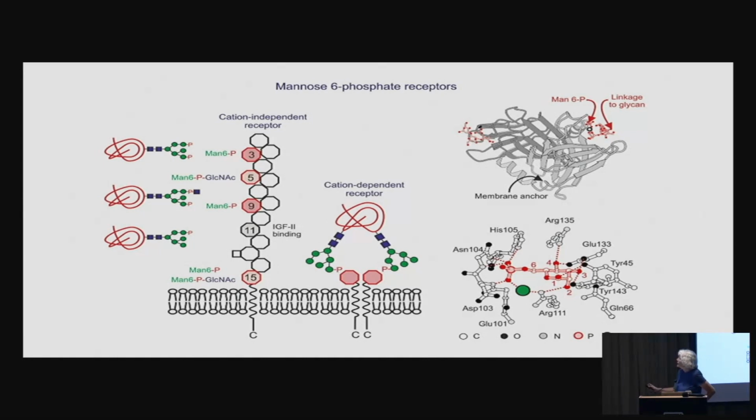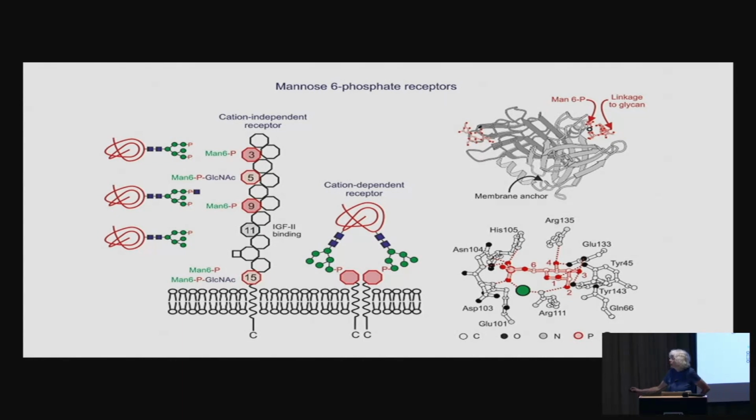And you can see the structure here and some details of the mannose 6-phosphate binding site, where the hydroxyl groups form hydrogen bonds with various residues in the protein, and the manganese group ligates the phosphate.